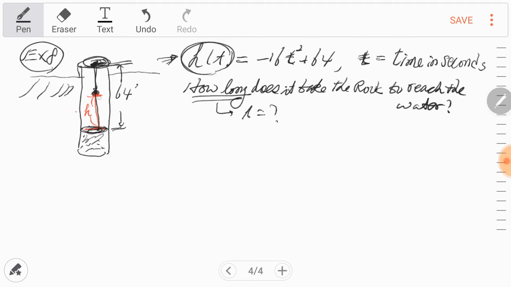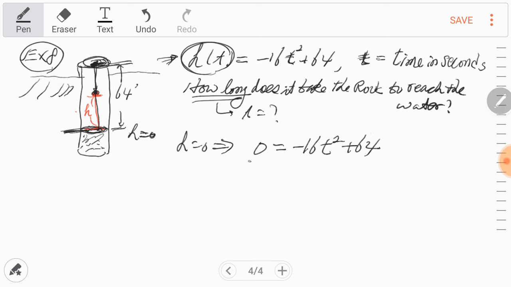So if the rock touches the water, then the height will be 0, because there's no distance between the water and the rock. So we set h of t equal to 0, and then the equation will be 0 is equal to negative 16 t squared plus 64.